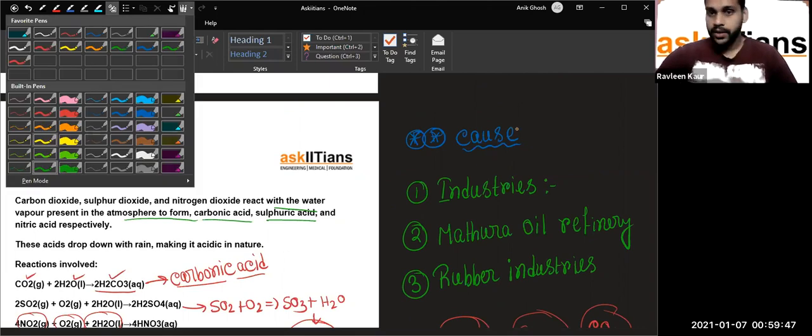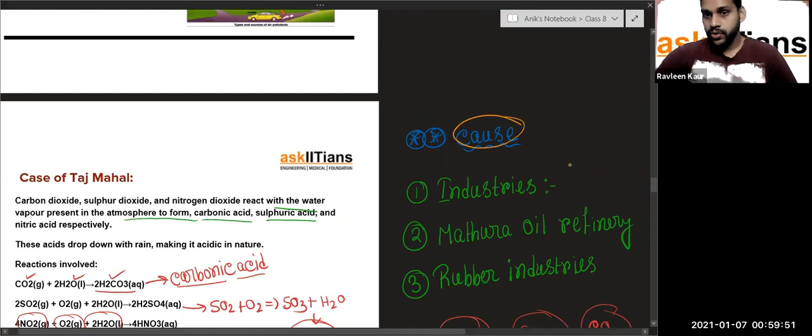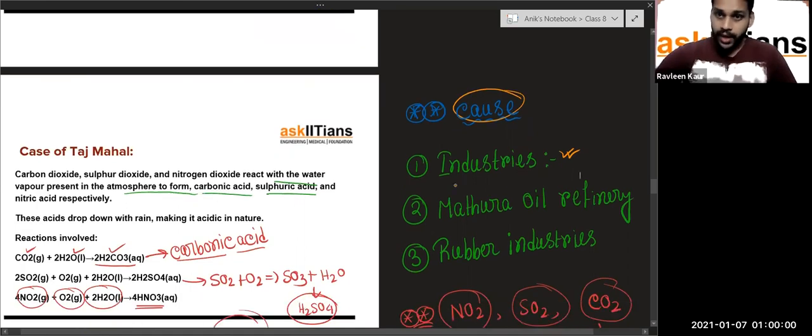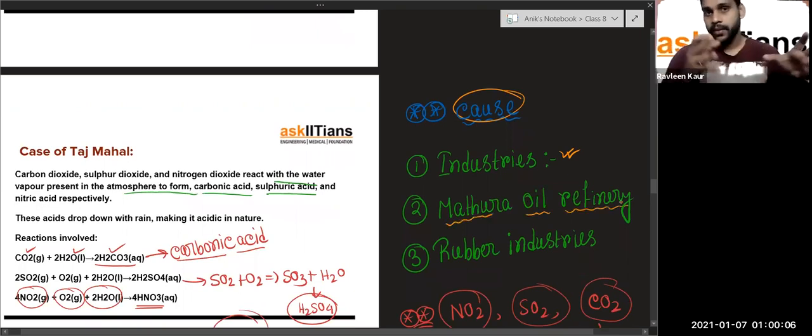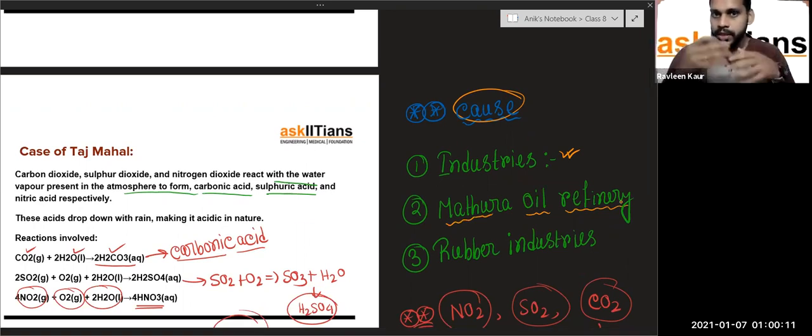The cause is the industries. There are so many industries surrounding the Taj Mahal area in Agra. Where is the Taj Mahal? Agra, right? Apart from that, there is the Mathura oil refinery, just beside the Taj Mahal. If you have ever visited Agra, the Mathura refinery is within about a 5 kilometer radius, very close to the Taj Mahal.